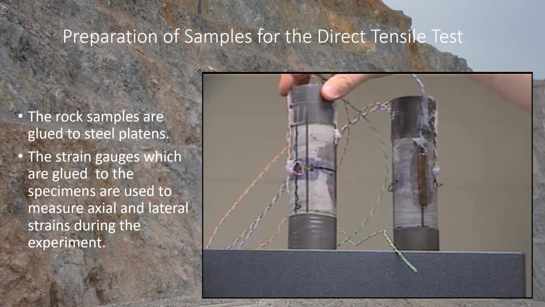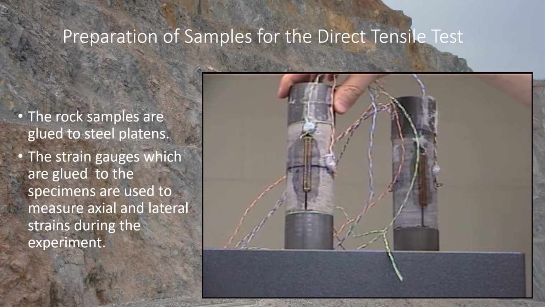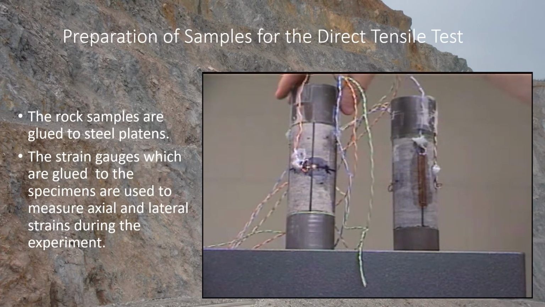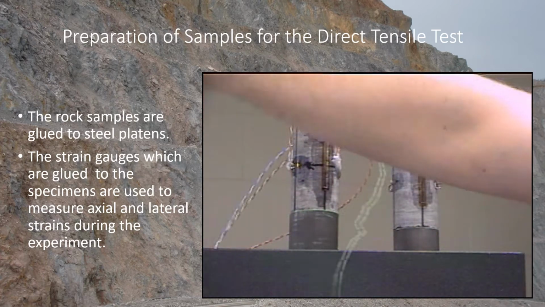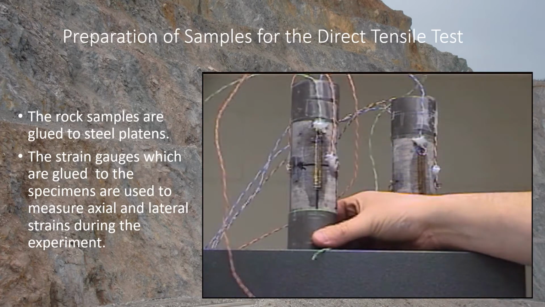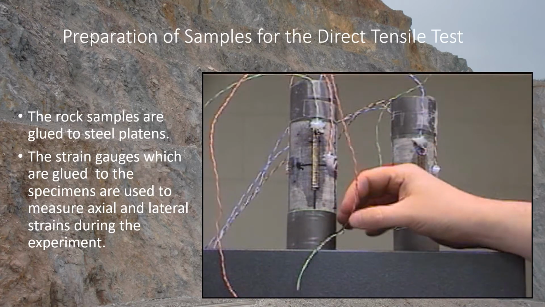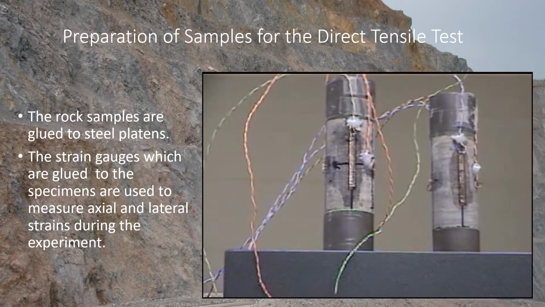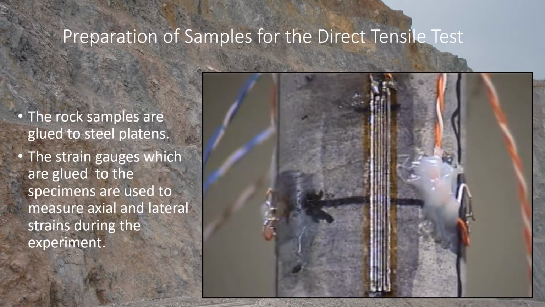and you can see on the samples that we're going to monitor the deformations, and then we're going to convert those to strains using 2 sets of strain gauges. So we're going to have strain gauges which are going to measure the strain in the axial direction and also in the lateral direction.